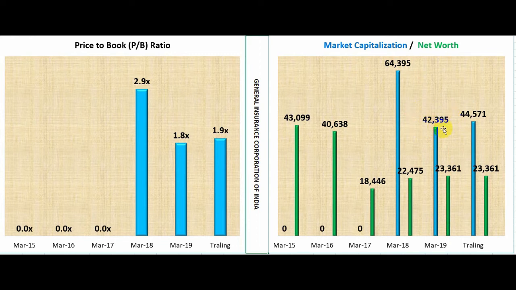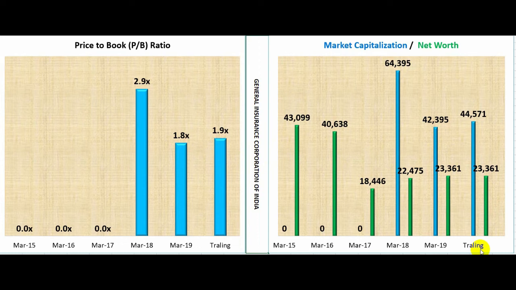Against this market value, the company is saying that it is actually worth only 23,361 crores on its books. So the market has given it a premium to its book value, a premium of around 1.8 times its actual worth or net worth.